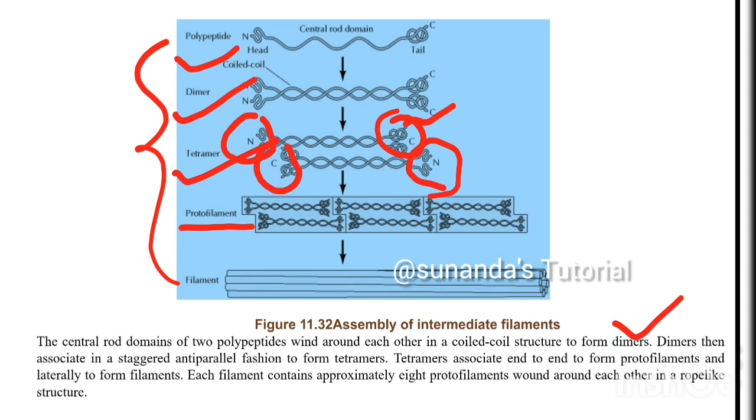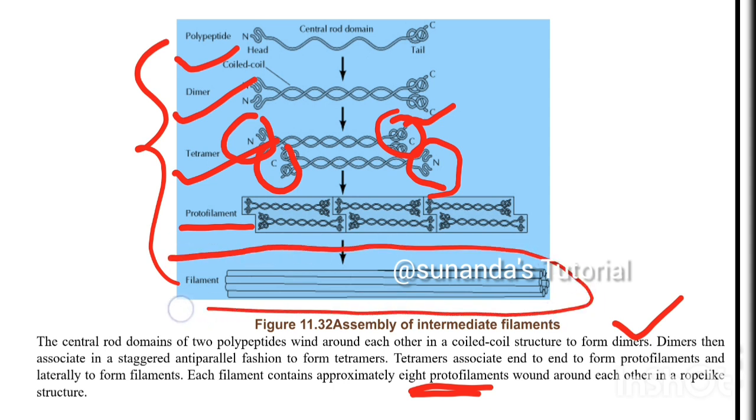Each filament contains approximately 6 protofilaments wound around each other in a rope-like structure. So this is one filament consisting of 8 protofilaments like this. Okay, so this is the assembly of intermediate filaments.